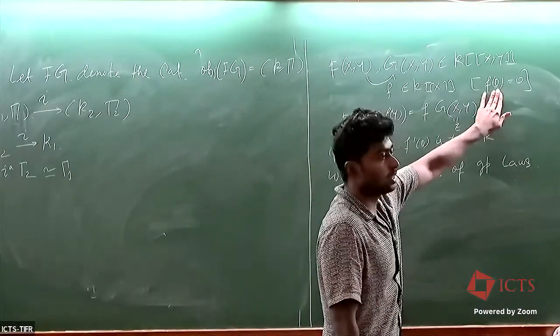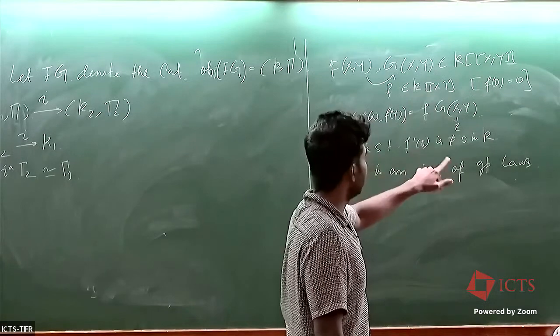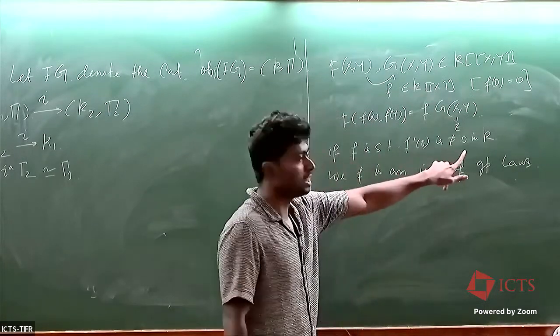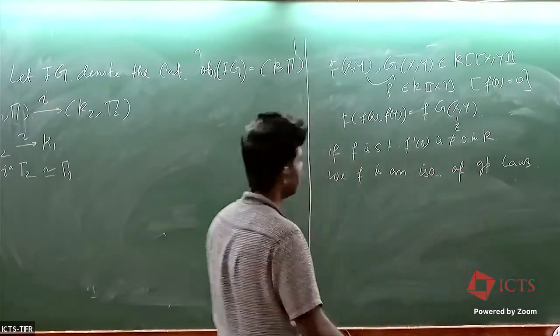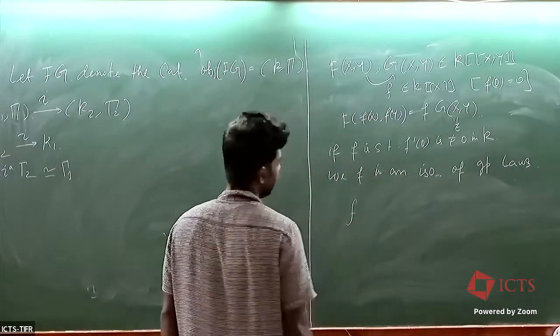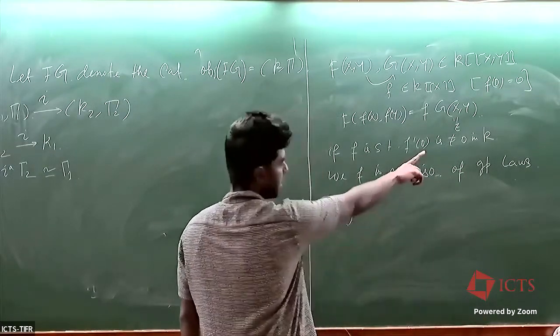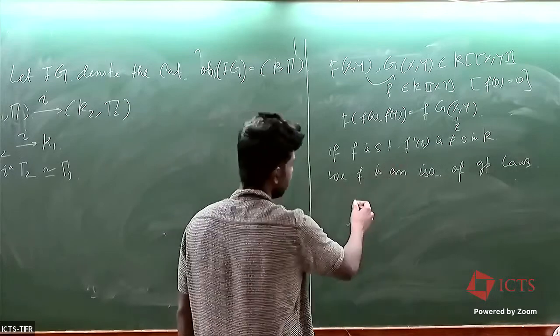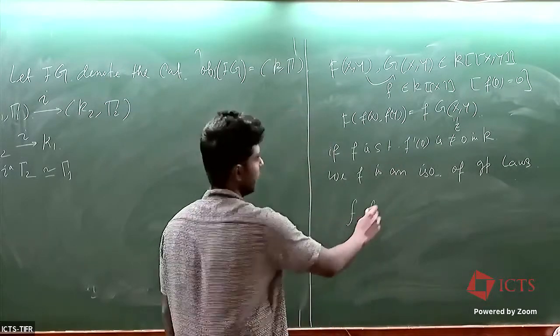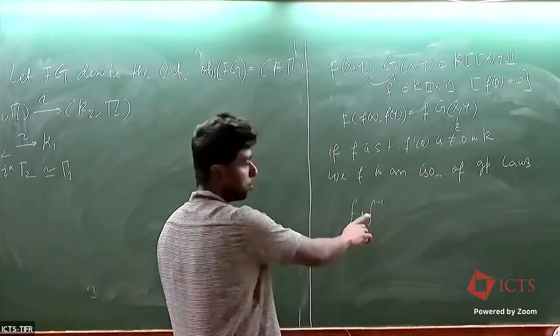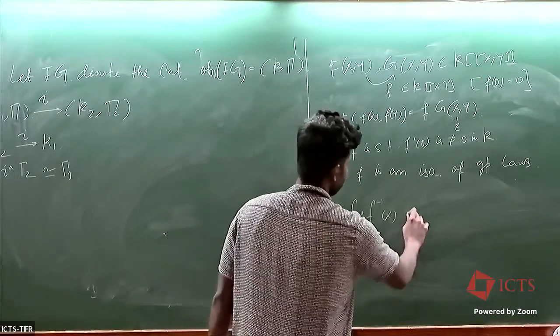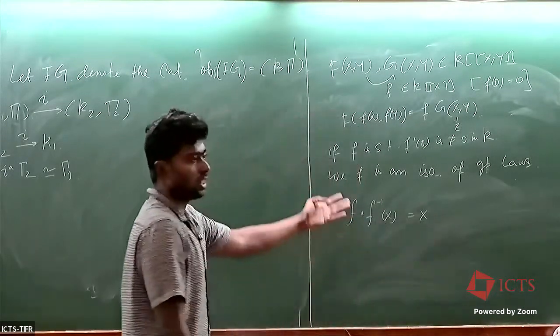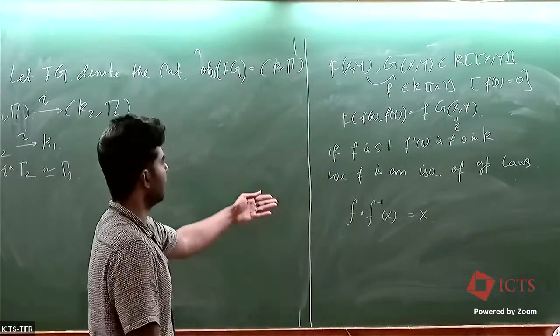If it is a group law, and f'(0) is non-zero in k, a unit, then you can get another power series, f inverse, and when you do the composition, it will be the identity. The meaning of that is that you get an inverse.